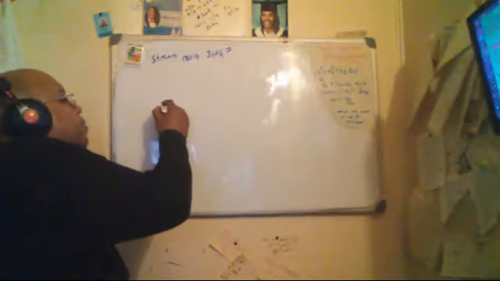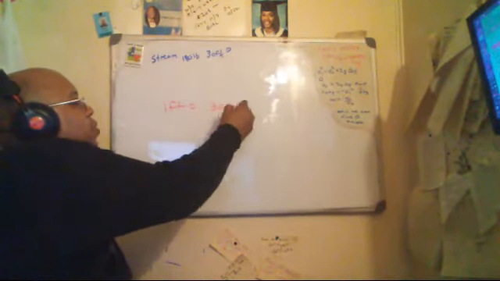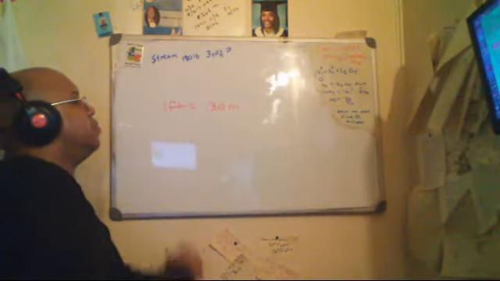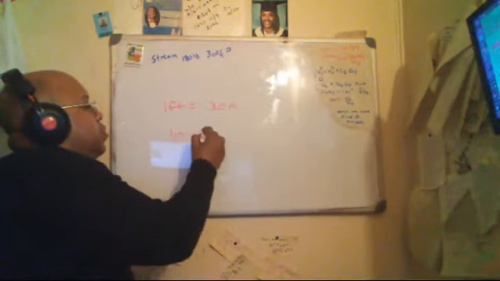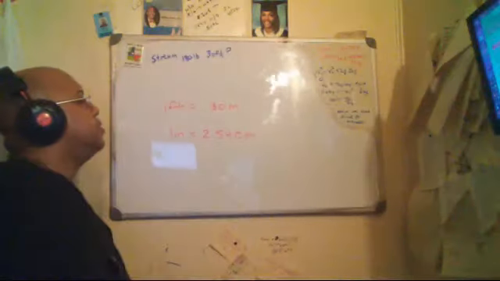For instance, 1 foot equals 0.30 meters. One inch equals 2.54 centimeters.